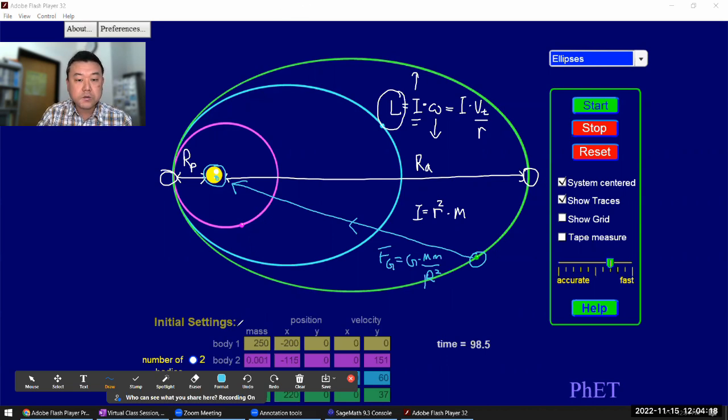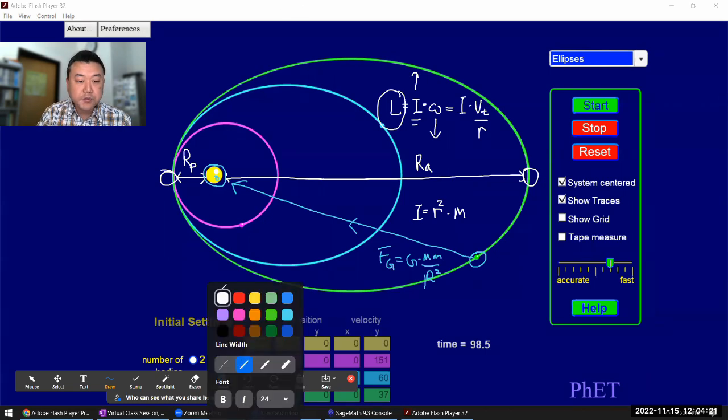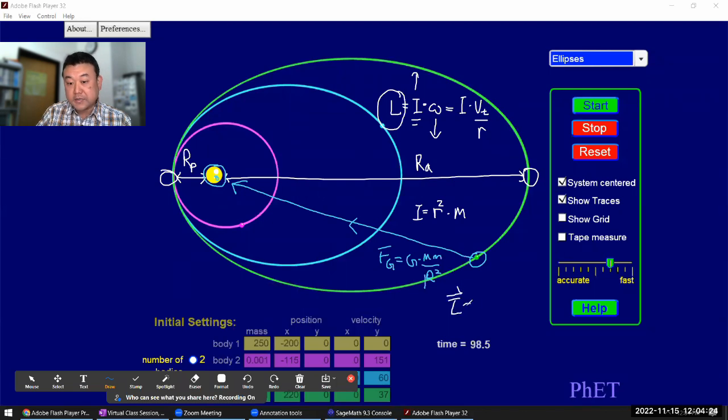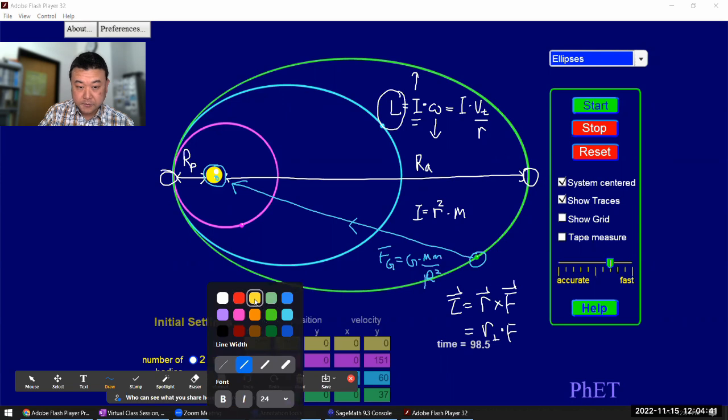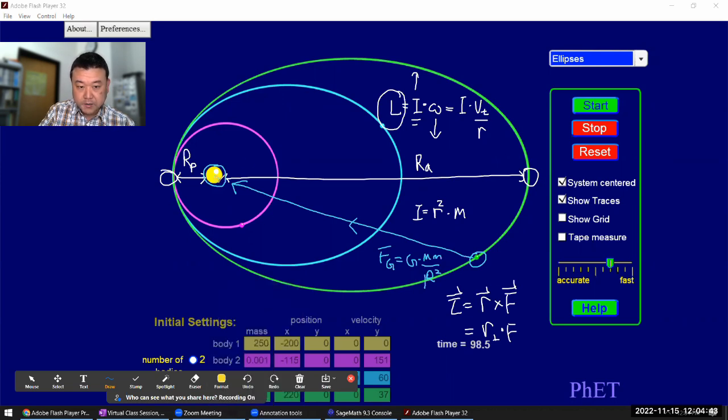When you look at the expression for torque, torque is the displacement vector cross product with the force, or in less vector-like language, you can think of it as the lever arm times force. Here, the displacement vector is the vector from the sun pointing to here. This is my r. When you take the cross product of this vector with this vector, that's going to be 0 because they are at 180 degrees.